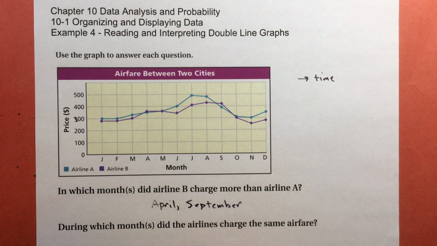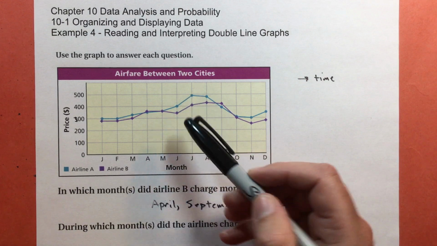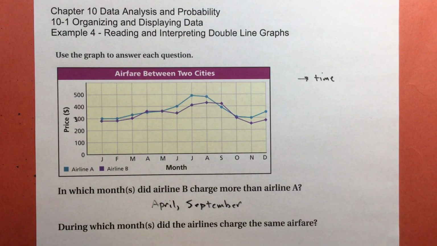In other words, the price of the ticket is not changing every second. What they're probably doing to get this is only checking once a month. The line between the points just shows the trend, the direction that it's going. So it went from here to here, so the line says it's going up. That's what that means.